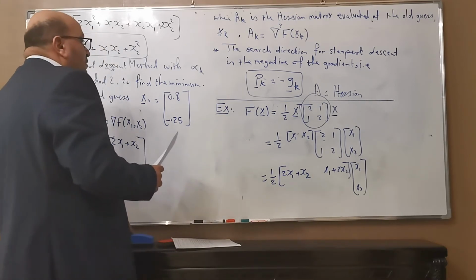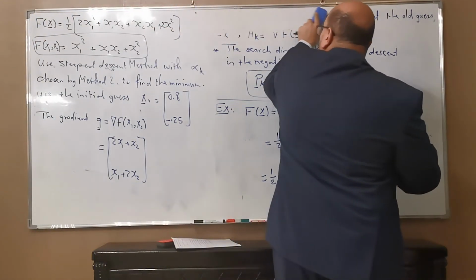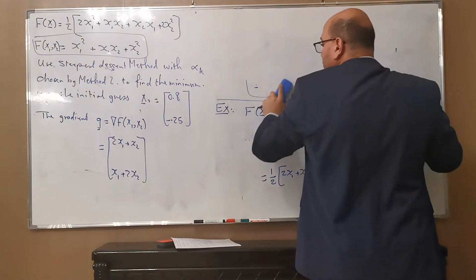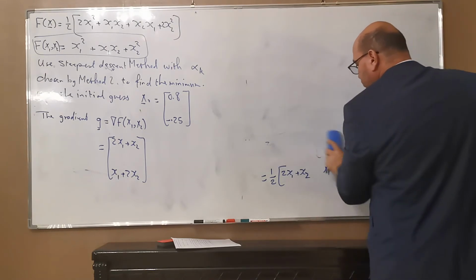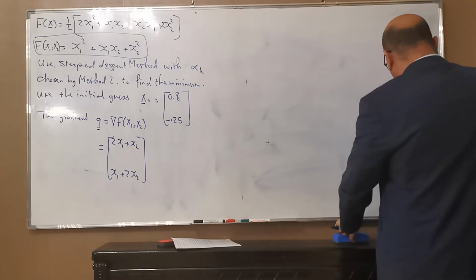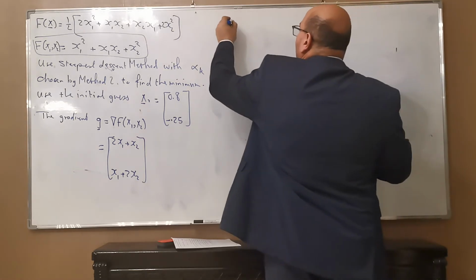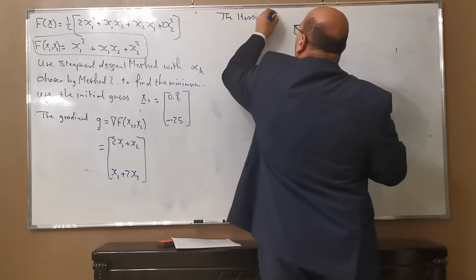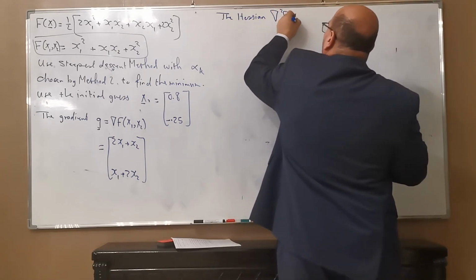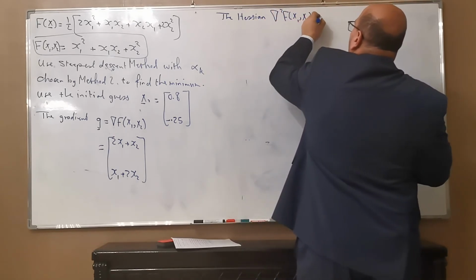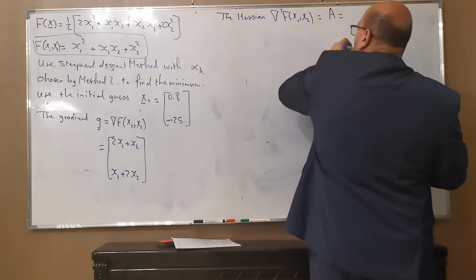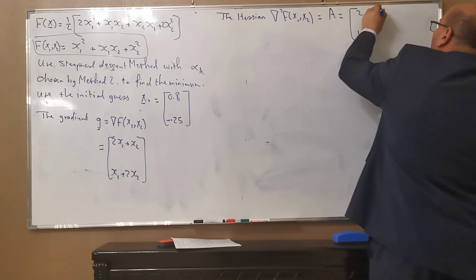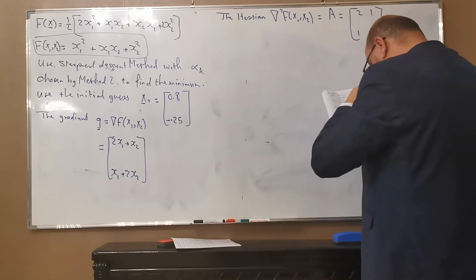So this is the gradient. The Hessian is 2, 1, 1, 2.